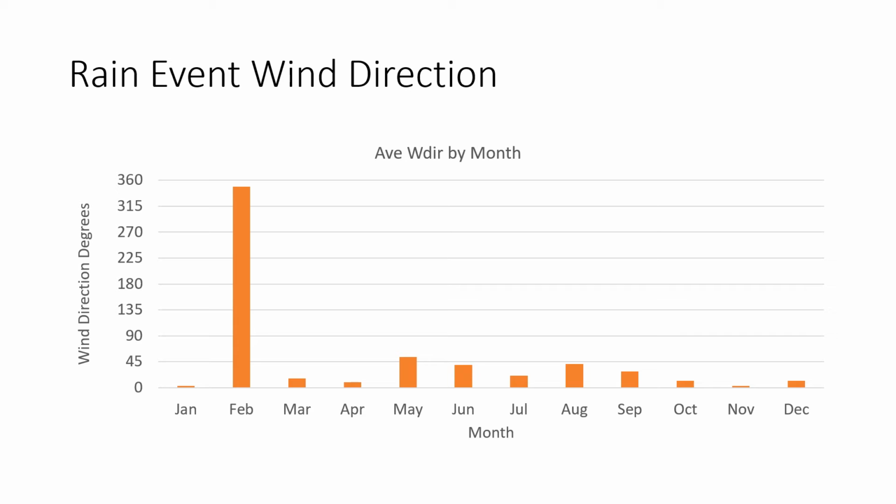As we can see, during 11 out of the 12 months, there's a preference for the wind direction to be between 0 and 45 degrees, so a northwesterly direction. And then February may look like an outlier, with the wind direction being close to 360 degrees. That's really just a northwesterly direction, so it's not a huge variance.